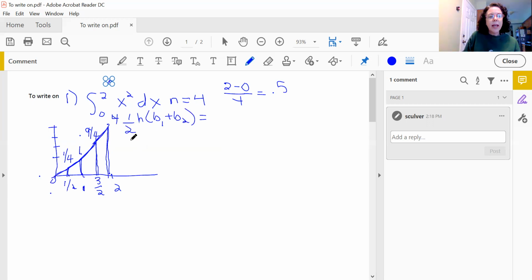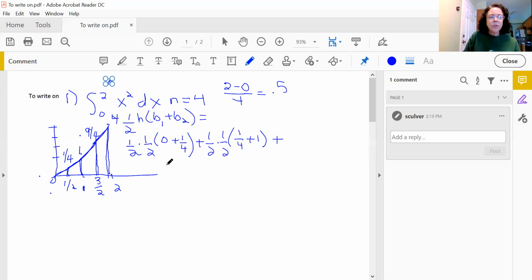For our first trapezoid, the height is 1/2, and the first base is 0 and the second is 1/4. For the second trapezoid, part of the formula is 1/2, the height is 1/2, and the first base plus the second base is 1/4 plus 1.